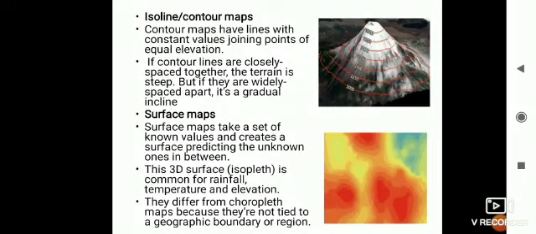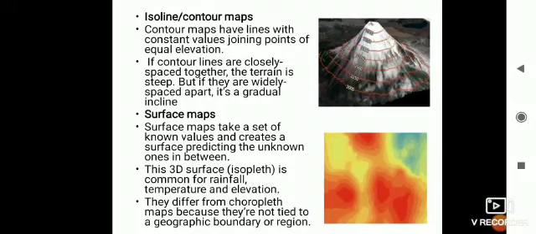Isoline or contour maps. Contour maps have lines with constant values joining points of equal elevation. If contour lines are closely spaced together, the terrain is steep, but if they are widely spaced apart, it's a gradual incline.